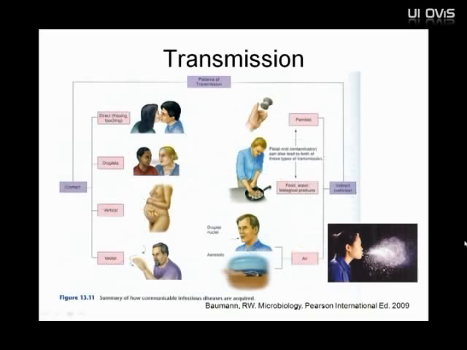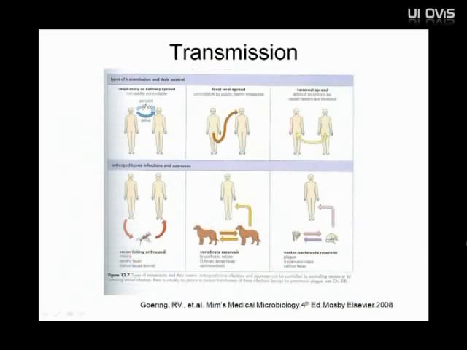When it is excreted, it can be transmitted to other human beings, and there are some transmission modes as we see in this slide. Some microbes can be transmitted directly to other human beings, but also through vectors or reservoirs.